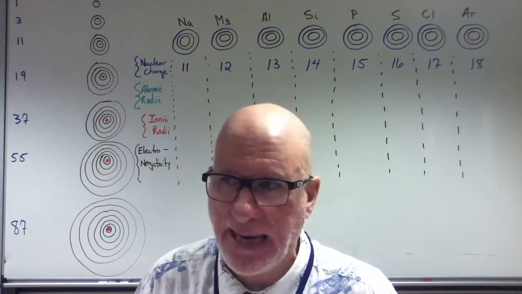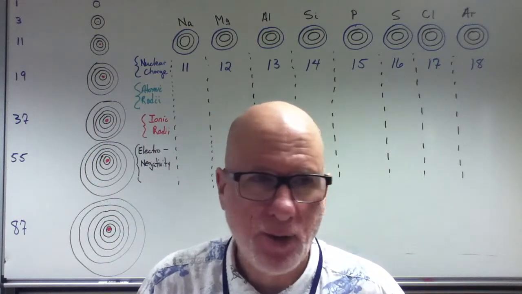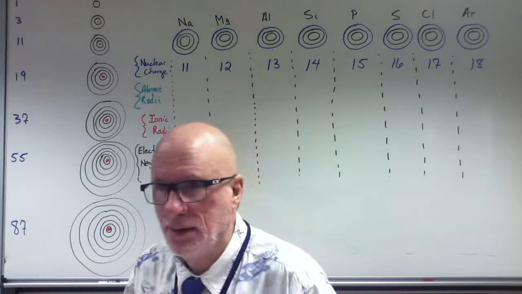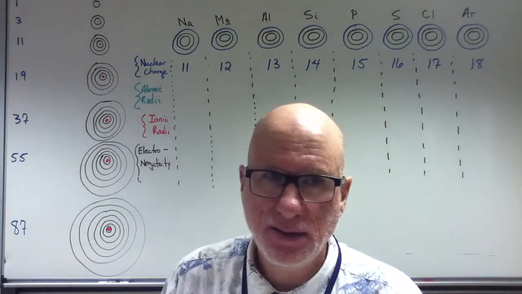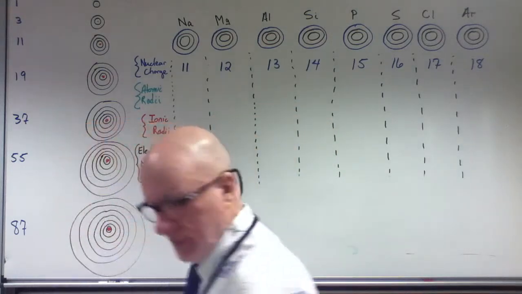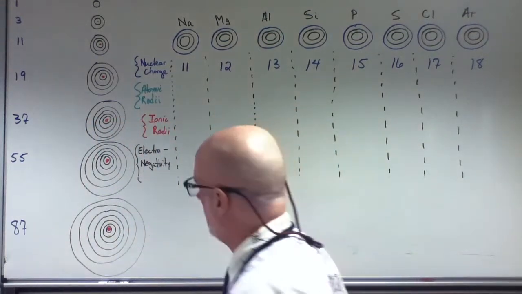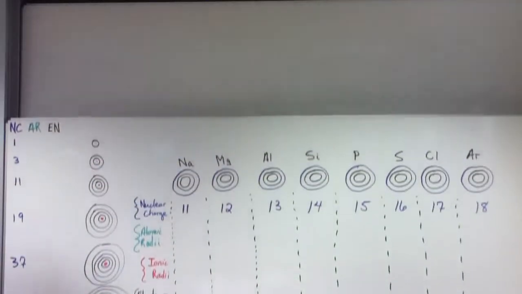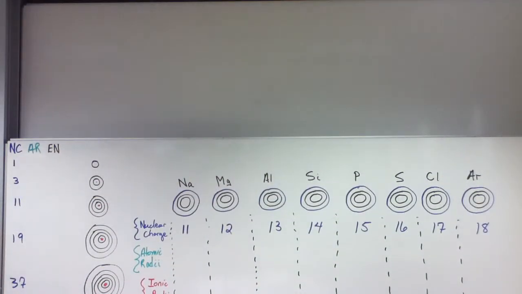Now open to page 180 and I want to put in the atomic radii of the elements in group 1, the alkali metals. The atomic radius. Okay, read it off to me. We'll start with hydrogen. It's in the upper right corner of each block.